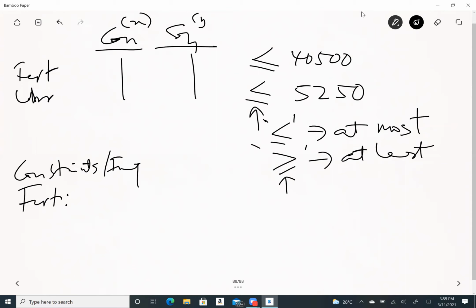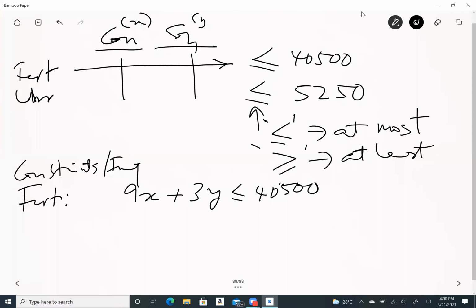That will be 9x plus 3y less or equal to 40,500. So that comes from the first row. You just write down the information: 9x plus 3y less or equal to 40,500. That is the limit of the fertilizer.